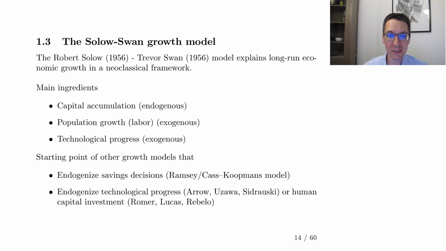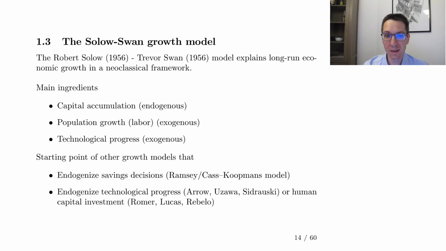The main ingredient in the Solow-Swan model is capital accumulation, and we also introduce population growth and technological progress. We say that capital accumulation is endogenous. By this, we mean that it is something that we want to explain within the model. It's something that we care about.